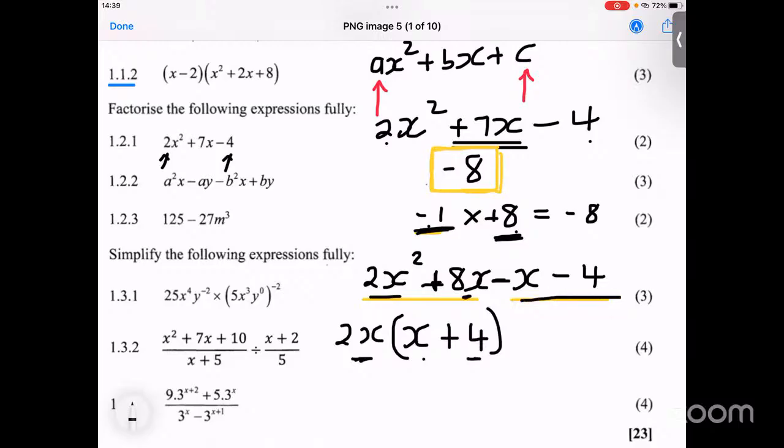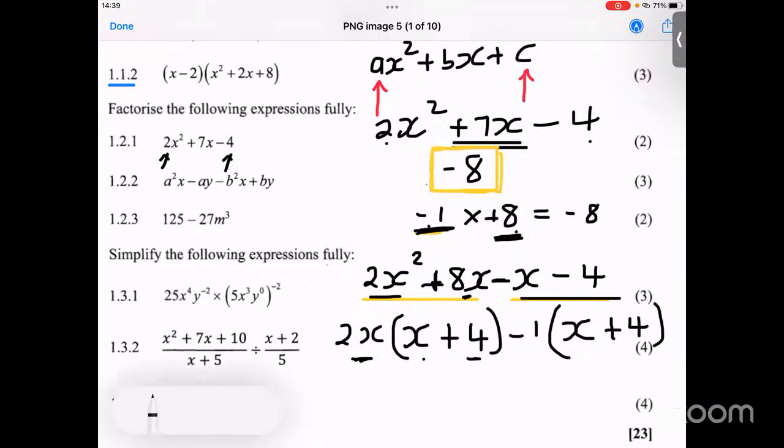And then here, we can take out what? Negative 1 as a common factor. Then it means we just remain with positive x. Remember, it will therefore have to be a plus there. Why? Just so that if you say that by that, that by that, it has to take you back to that.